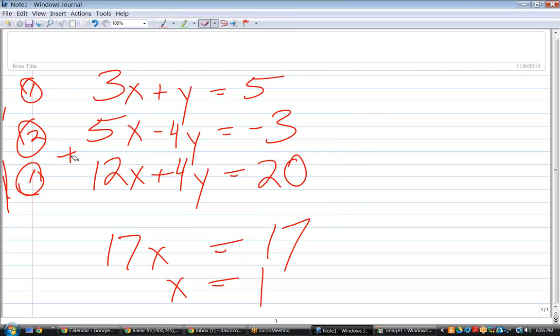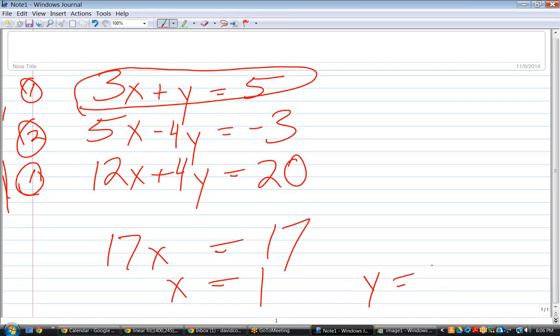Into which equation? You can do it to either one, or do it to the 5x minus 4y. Always do it to the simplest one. Actually, that's the original one that we had before we manipulated it. What is y? You can probably do that in your head. If you plug in 1 for x, what does y have to be?